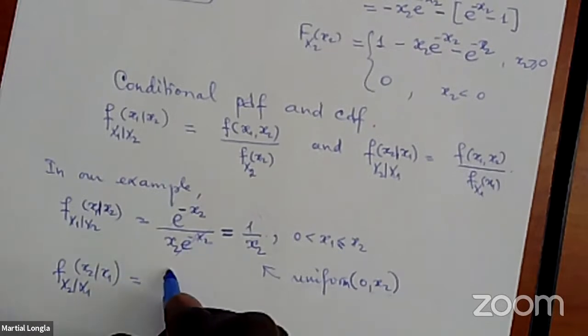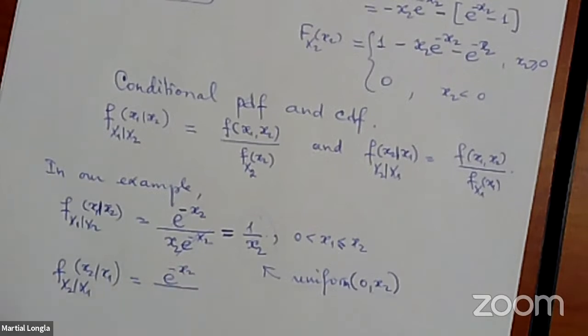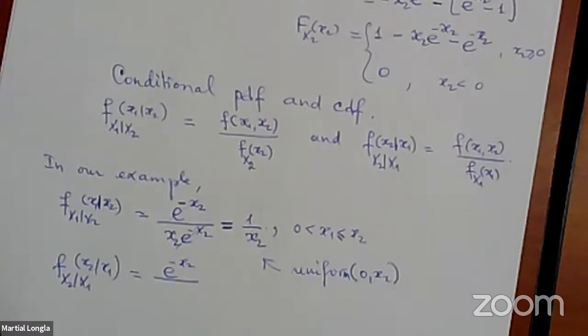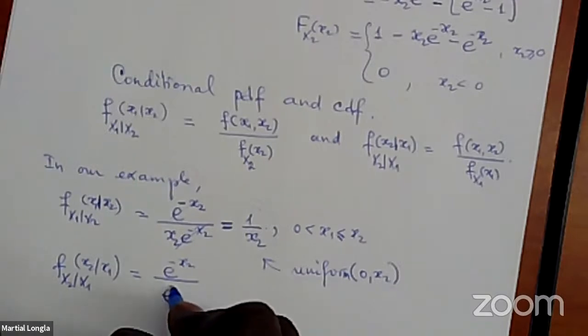That will be again e to the negative x2, divided by, what's the PDF of x1 we found? It's e to the negative x1.